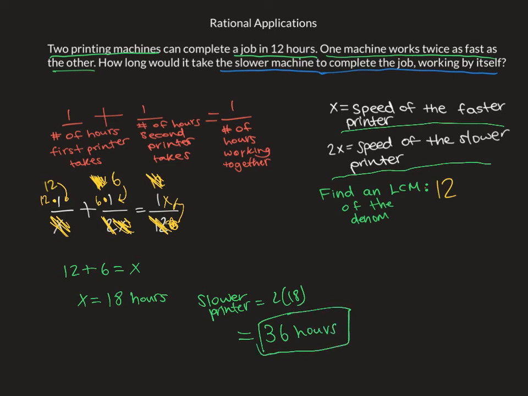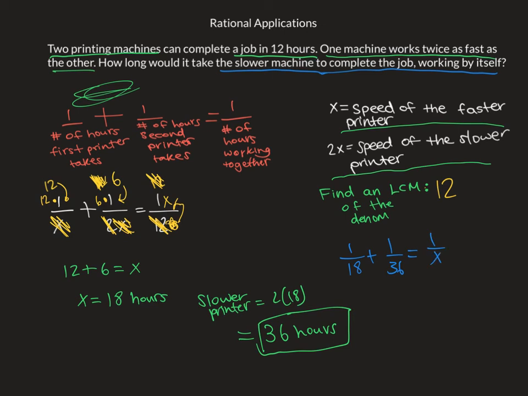Now we can check our work by plugging it back into our equation. So 1 over 18 for the first printer, which was our faster printer, plus 1 over 36. And just for checking purposes, we can put it over x because we don't know it.